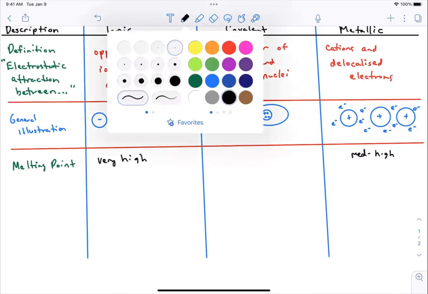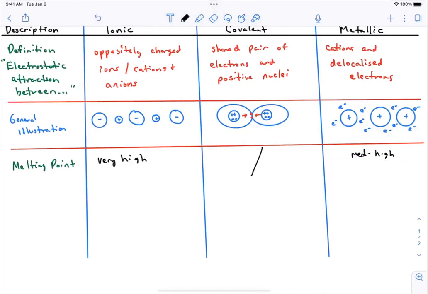Covalent is kind of tricky because there's two types of covalent molecules you have to worry about. Molecular covalent molecules like water, CO2, or ammonia have relatively low melting points. Water melts at 0 degrees Celsius, right? And so very low.